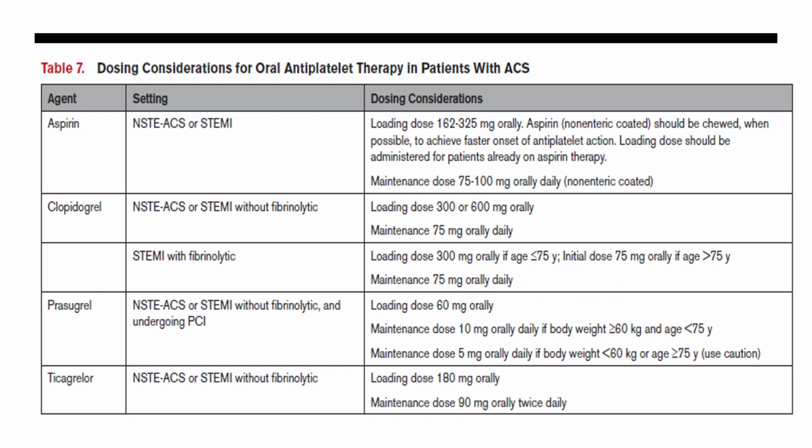Then prasugrel can be used in non-ST elevation MI as well as ST elevation MI without fibrinolytic and undergoing PCI. Then ticagrelor, non-ST elevation MI or ST elevation MI without fibrinolytic. Loading dose is 180 milligrams orally with a maintenance dose of 90 milligrams orally twice a day.